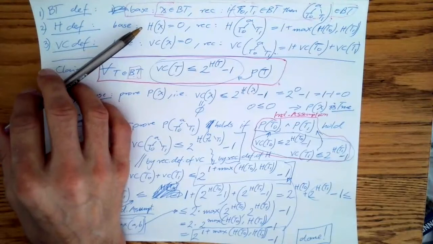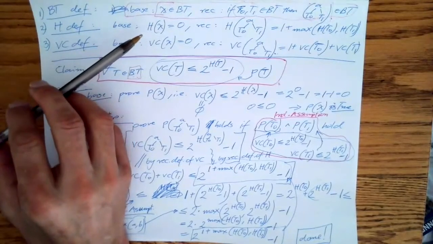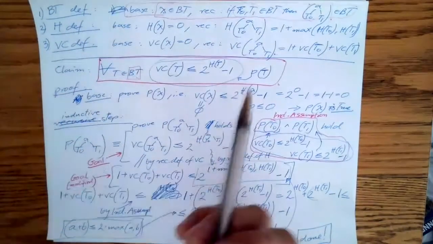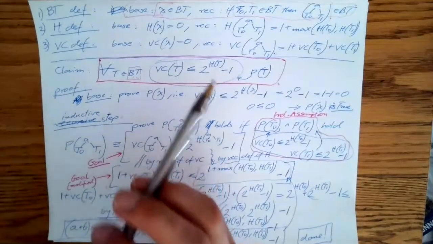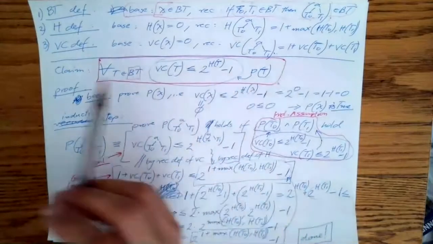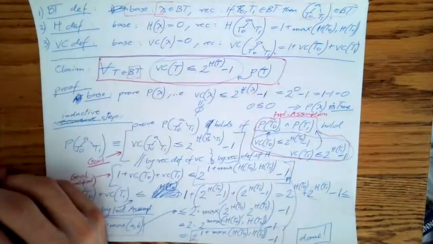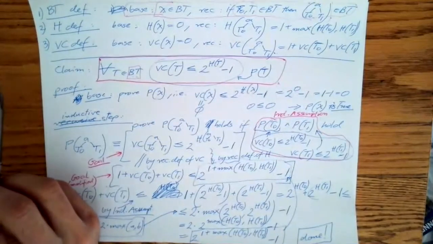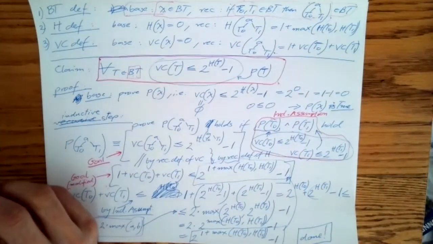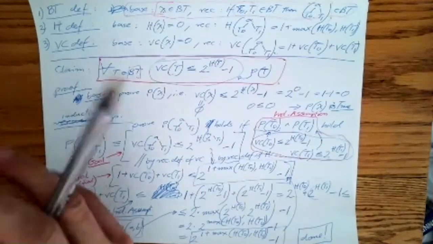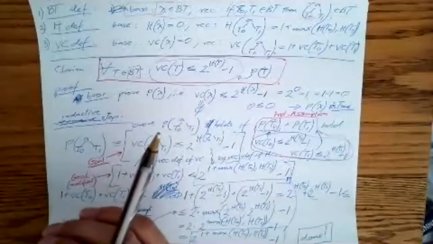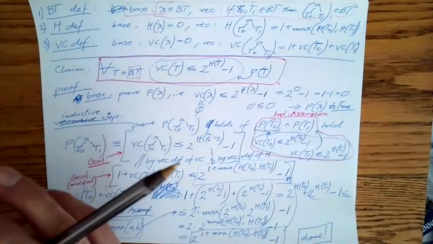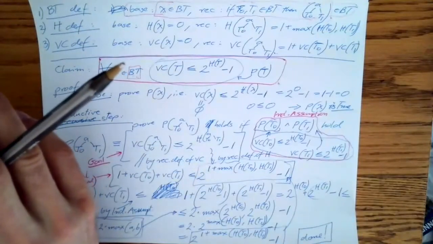Perhaps height, perhaps something else, perhaps a balance. I can define the balance of a tree as the difference between the height of the left and the right side. The example I think some of the TAs will do is defining the leaves of a tree, and counting the leaves and counting the internal nodes.